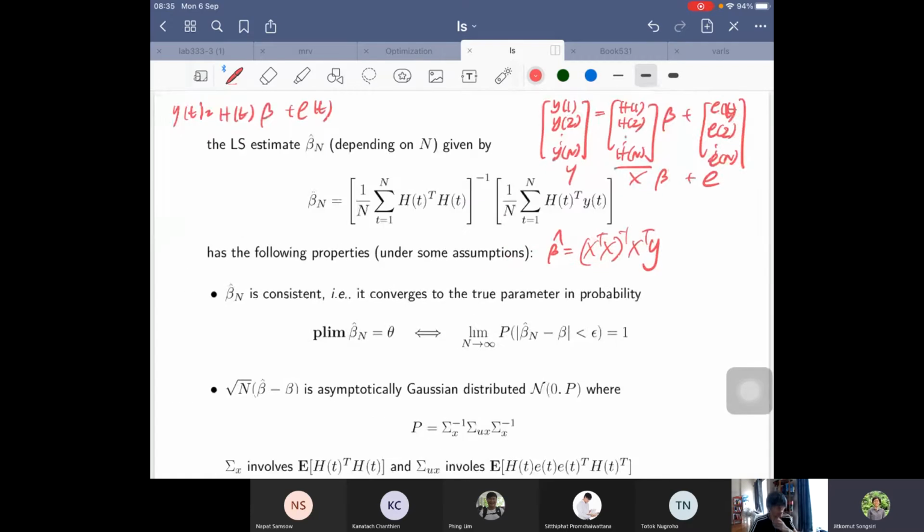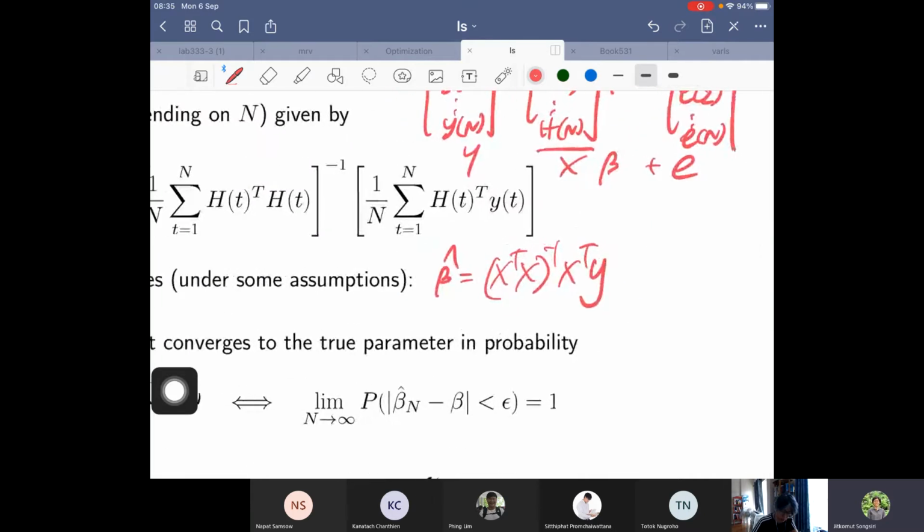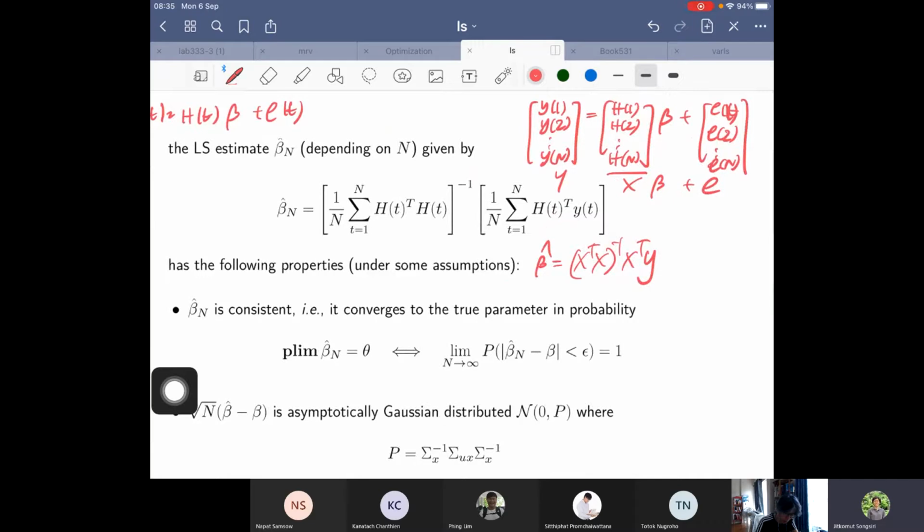By now this is a fundamental result. I don't think it's important to know the closed form, but you need to know how to formulate the least square and everything. Please review. Now I'm going to plug this in.